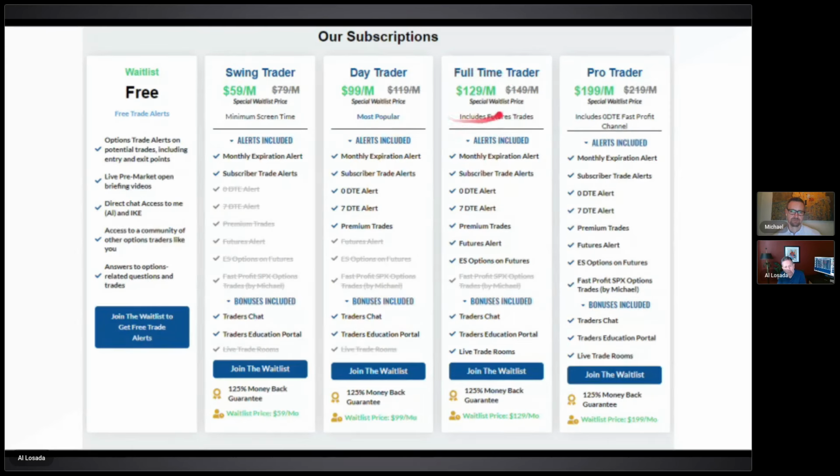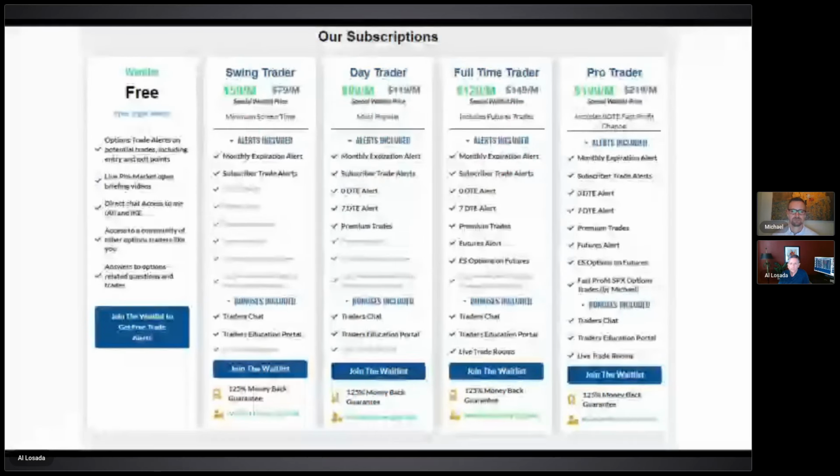So that's the 129 plan, and then we have the Pro Trader, which Michael does and shares, and so you get everything. If you go into the Pro Trader plan, you get everything that we have, including full-time trader, day trader, and swing trader.